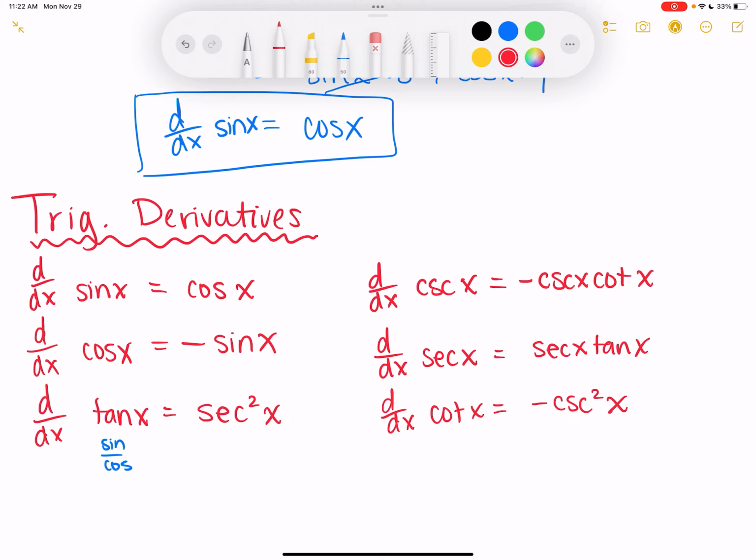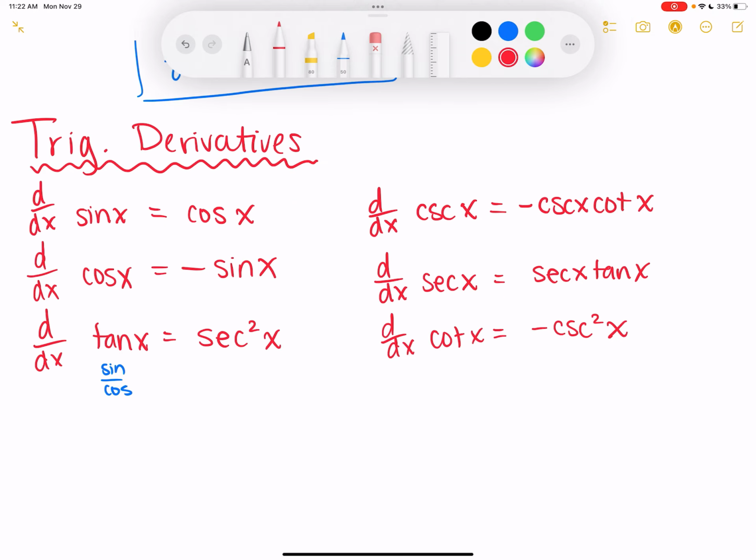This is the last section in chapter 3. So we'll see what happens. Basically, earliest for a test is Thursday probably, but most likely it'll be Friday. But make sure you know these.